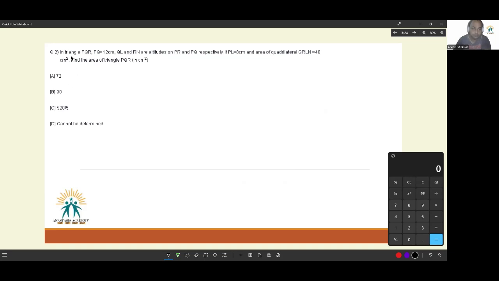Next now. In triangle PQR, PQ is 12. So this side is 12.